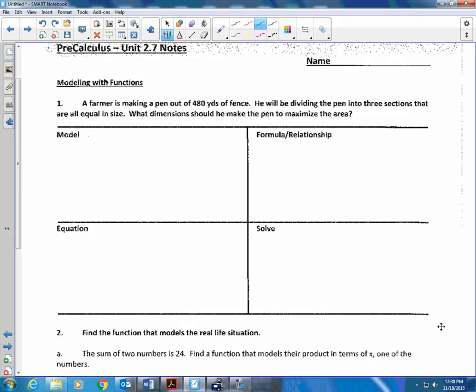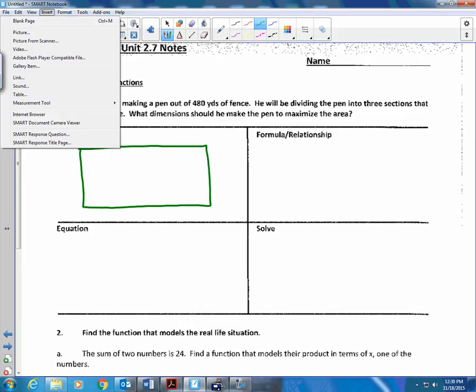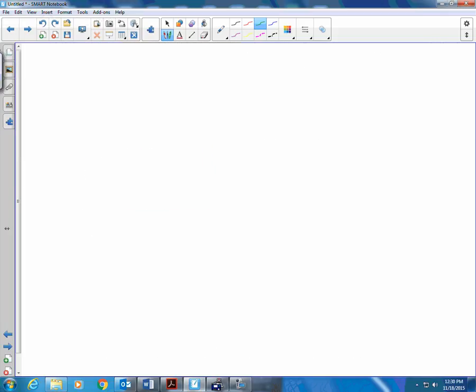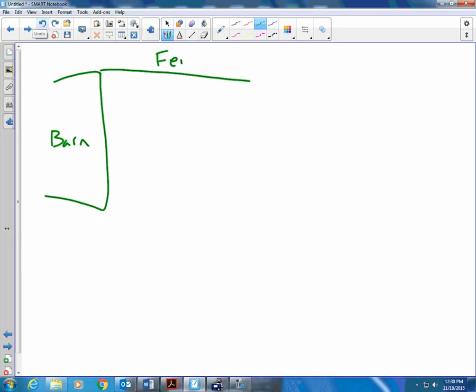Now, the fact is, it doesn't say what shape pen we're going to start with, but we are going to make a rectangle. Some people say that they would rather make a circle. I get that, but the circle does make a larger area. But let's say that you have a barn, and you want to use up that space to build a pen.